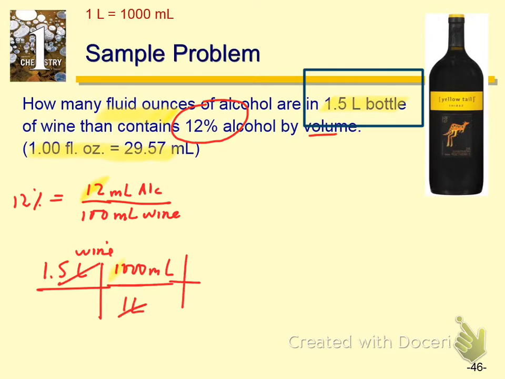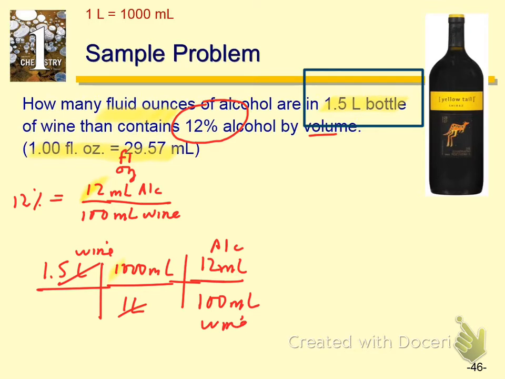Okay. And now let's use our percentage, since I put it in milliliters. We could have put this in fluid ounces: 12 over 100. It doesn't matter what the units are as long as they're the same. So there's 12 milliliters of alcohol per every 100 milliliters of wine.